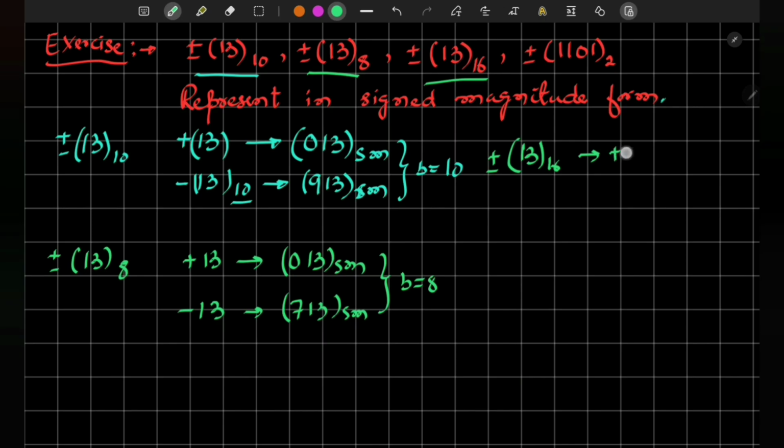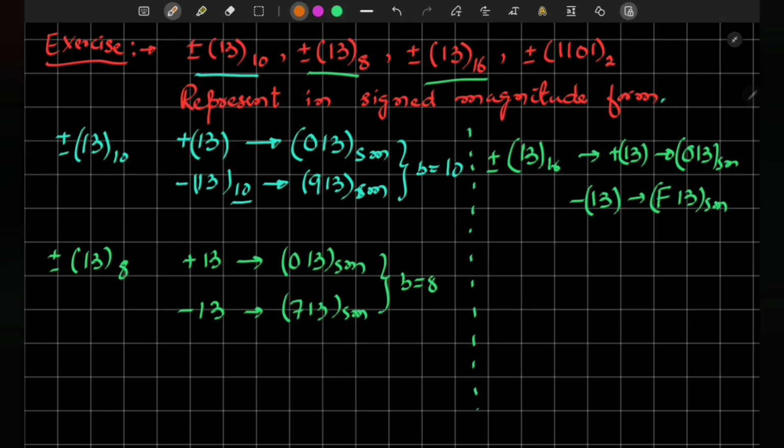Plus 13 in base 16 can be represented as 013 in the signed magnitude form, and minus 13 can be represented as 16 minus 1, that is 15, and 15 is represented as F13 in the signed magnitude form. Similarly, for the binary number, plus 1101 can be represented as 01101, and minus 1101 can be represented as 2 minus 1 because the base is 2, that is 11101 in the signed magnitude form.